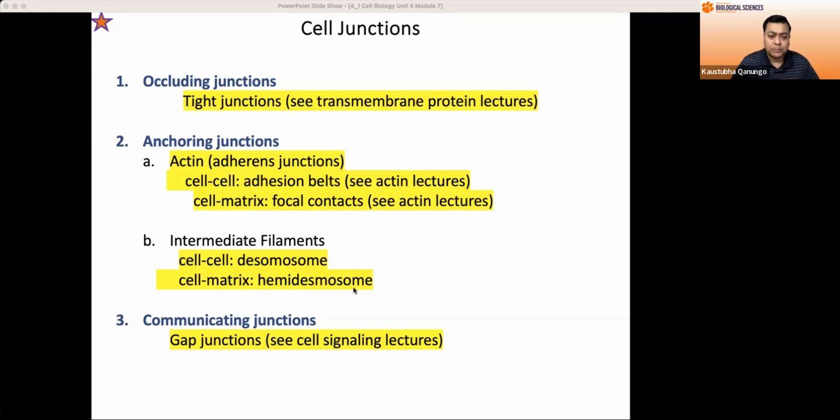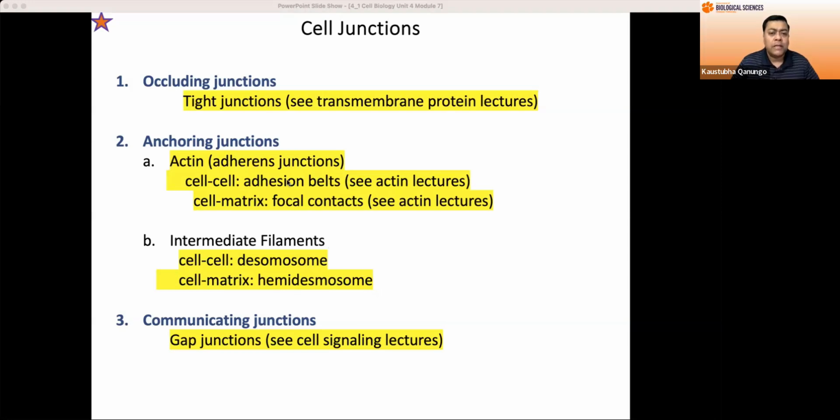The difference is that intermediate filaments are stronger, and usually much larger plate-like proteins are involved in the intermediate filament junctions, and these are much stronger compared to the adhesion belts and the focal contacts. So it is much more difficult to remove the cell with desmosomes or hemidesmosomes.